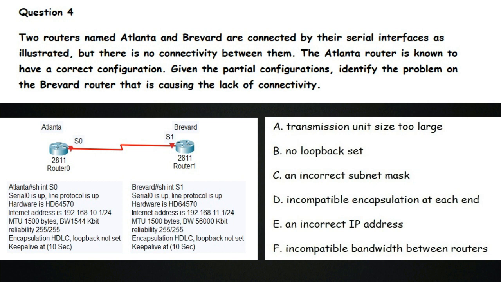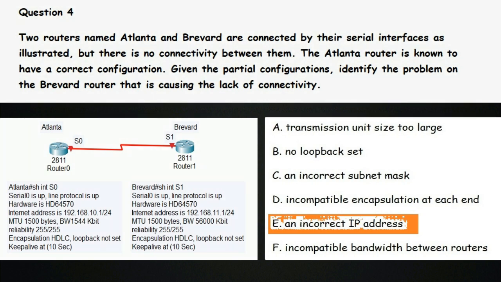B. No loopback set. C. An incorrect subnet mask. D. Incompatible encapsulation at each end. E. An incorrect IP address. F. Incompatible bandwidth between routers. Answer is E.